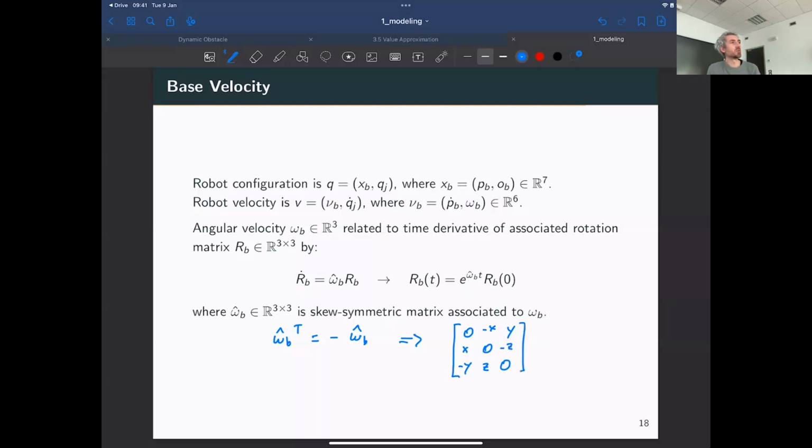The minus and plus could be wrong because I don't remember it by heart very well. But Wikipedia is good for that. If you look for skew-symmetric matrix, you find how it is computed exactly, but it's a matrix that looks like that.